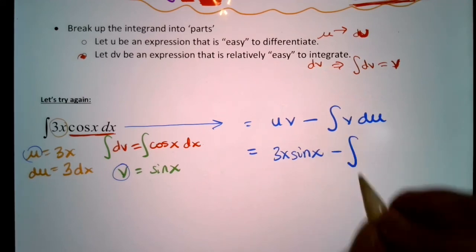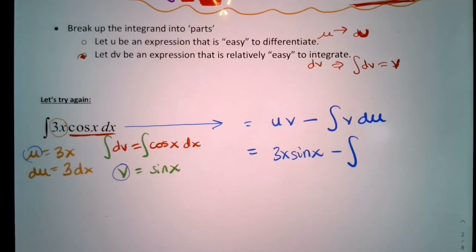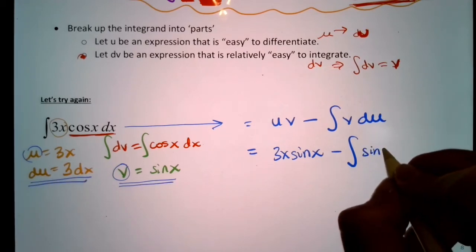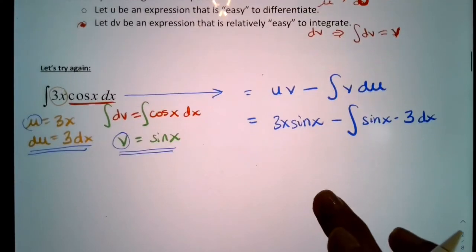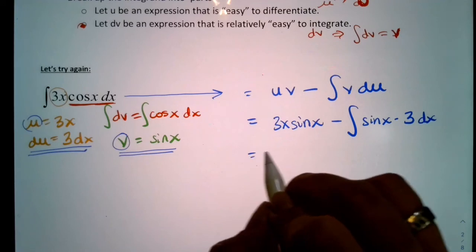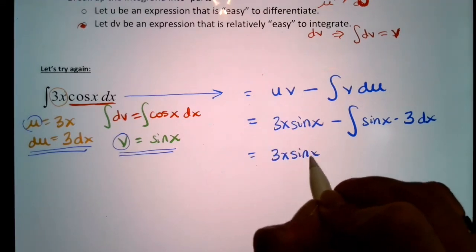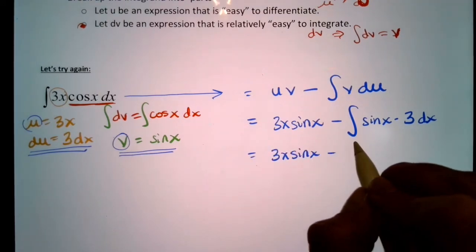Now I'm going to come over here and say, oh, I hope this is easy to do. Let's integrate v du. Well, here's v, and here's du. So I'm integrating sine x times 3 dx. This is not bad because that 3 can actually even come out of the integral if I want, right?